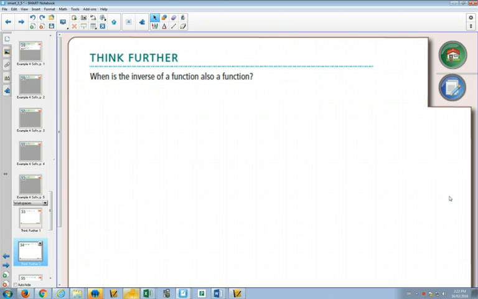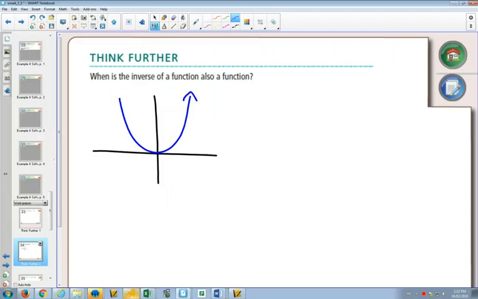Like our parabola, when we did the inverse of that, we got a sideways parabola, and it wasn't a function. How could we tell, just looking at our parabola, that the inverse wouldn't be a function? It's going to flip it, yeah, over the left or right.